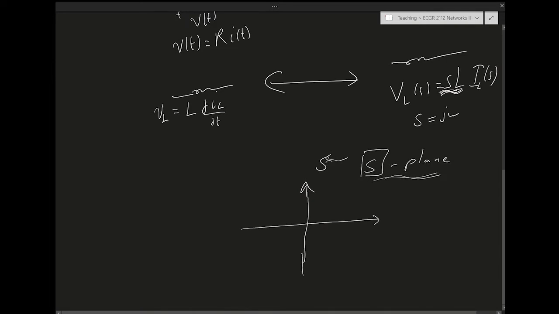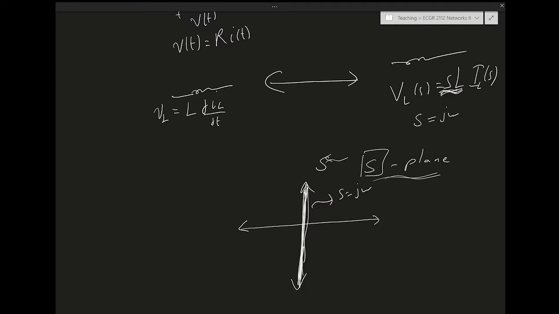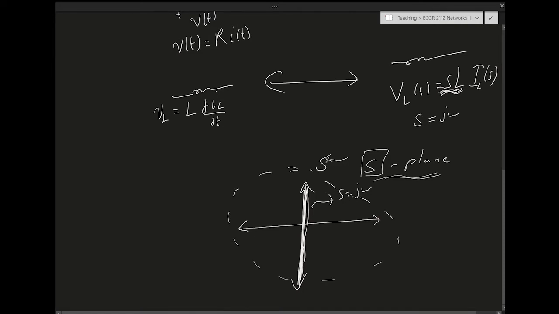What AC analysis really boils down to is analyzing circuits only on the imaginary line where s equals j omega. For us to do proper transient analysis, as we did in the last lecture, we have to consider s to live on the whole plane rather than just on the j omega axis. Constraining s to be on the j omega axis is what gives us AC analysis, essentially.